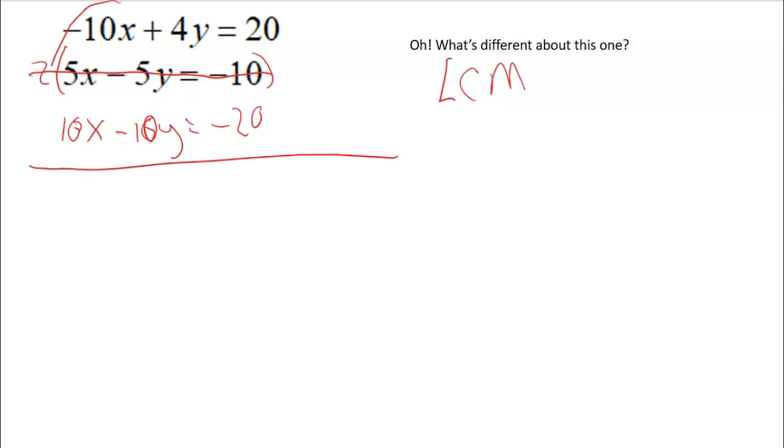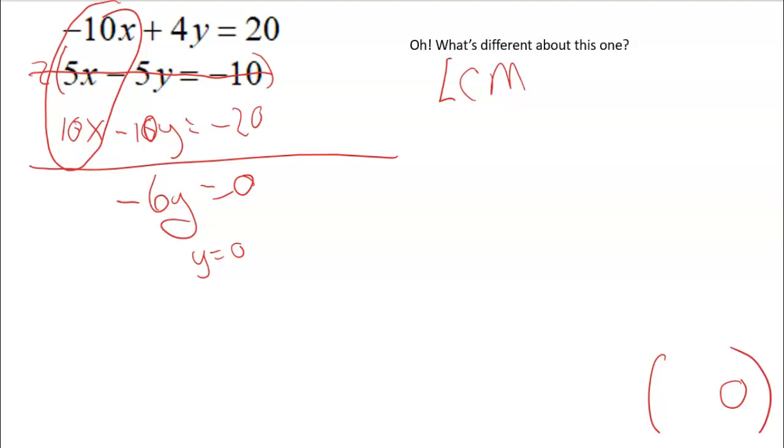Now we can eliminate. These x's eliminate. +4y minus 10y is -6y. 20 minus 20, that's 0. That means that y is 0, right? Let's go to this corner this time. What's x?